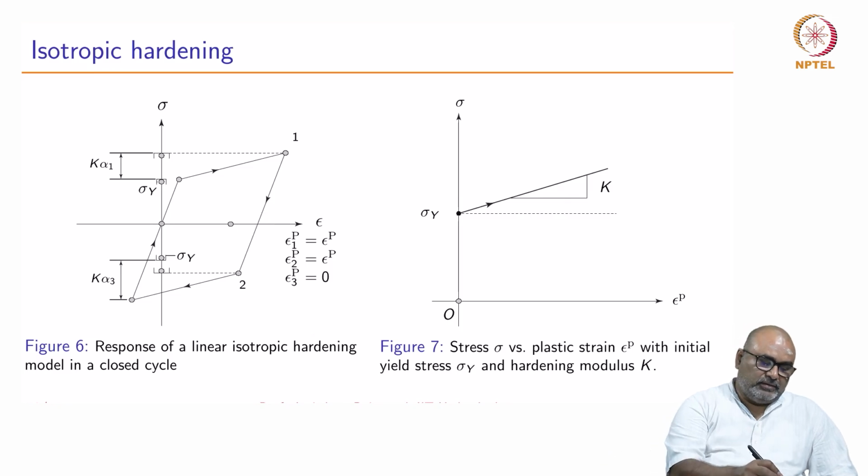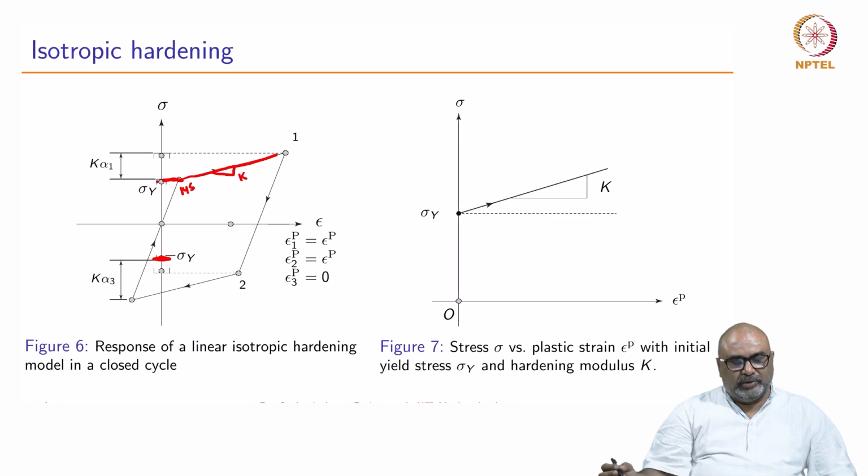There is an initial yield surface which is when σ is between minus σ_y and plus σ_y, and beyond this point there is going to be an increase in yield value, and the slope of this is given by k, and α is going to be the extent of hardening, and k times α is going to give the amount of increase in the initial yield surface.